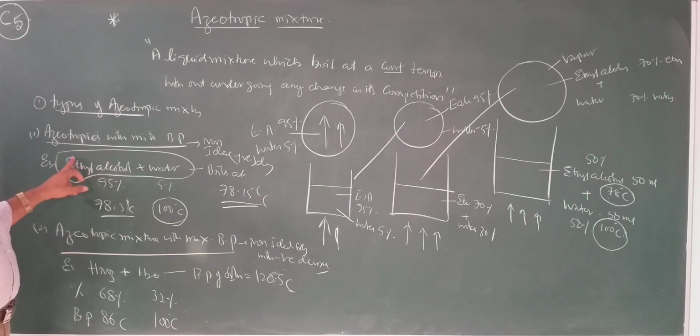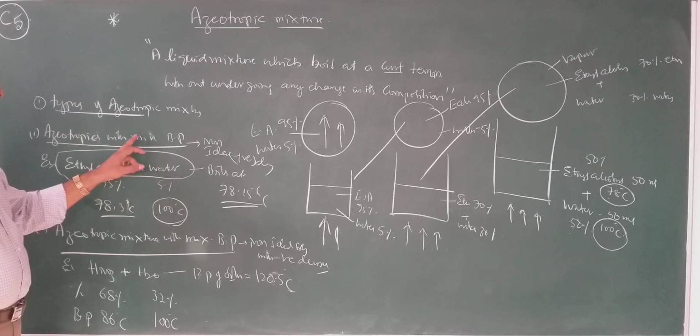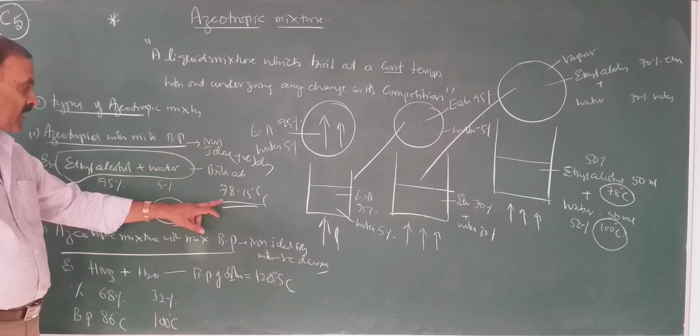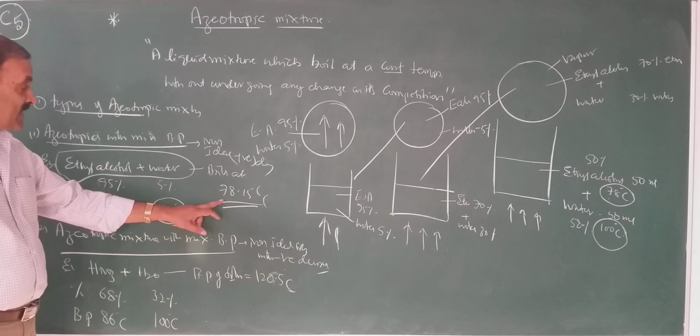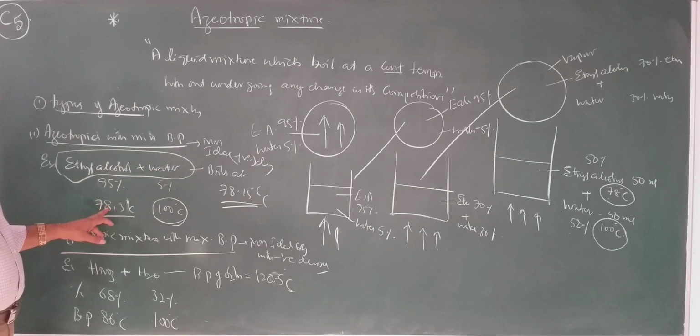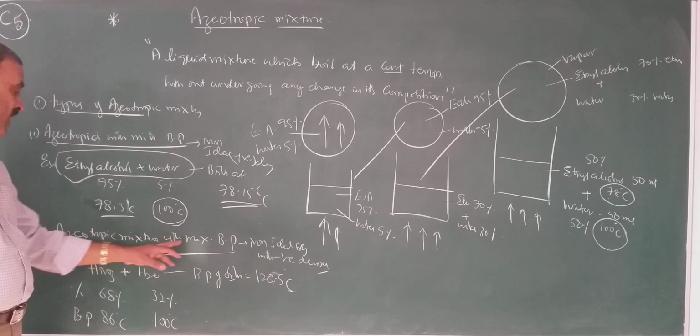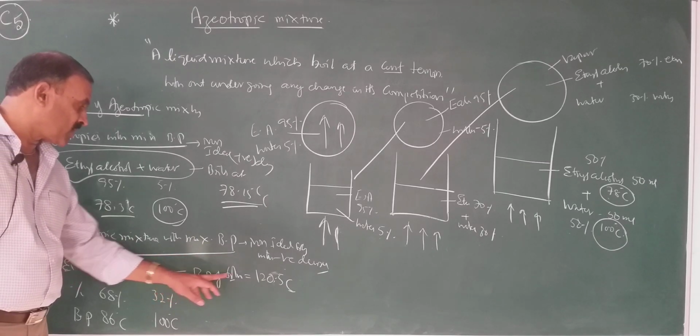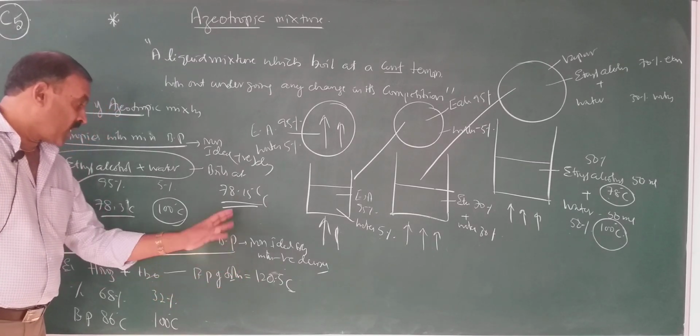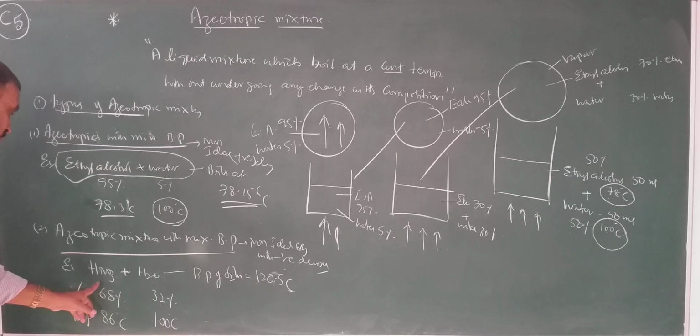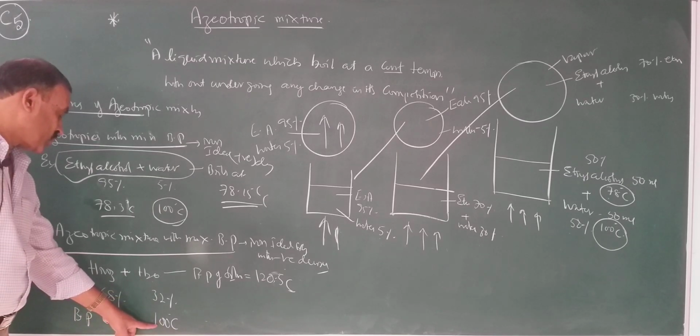Example for minimum boiling point, ethyl alcohol plus water, because this azeotrope boils at a temperature lesser than the boiling point of pure alcohol and water. For maximum boiling point, this azeotropic mixture boils at a temperature higher than the boiling points of pure HNO3 as well as H2O.